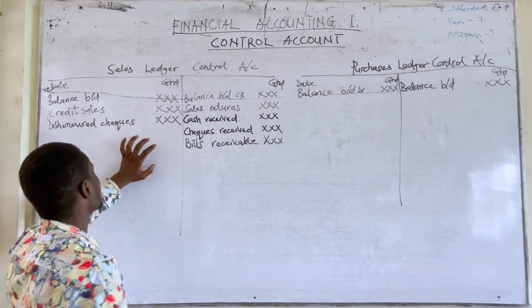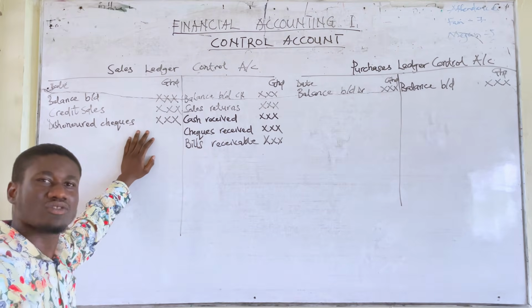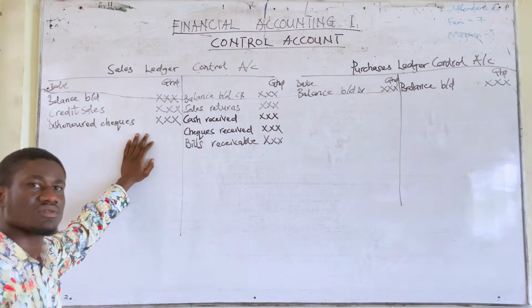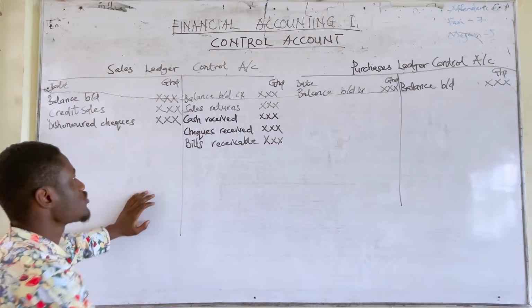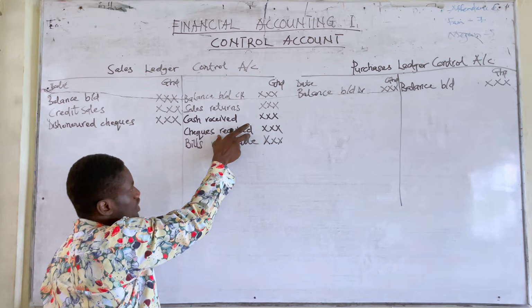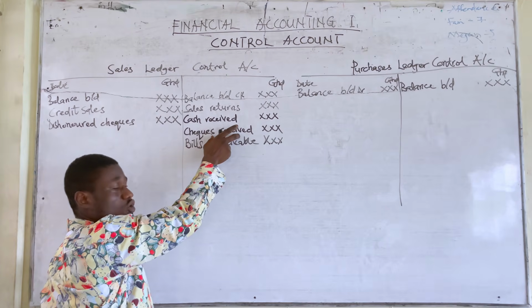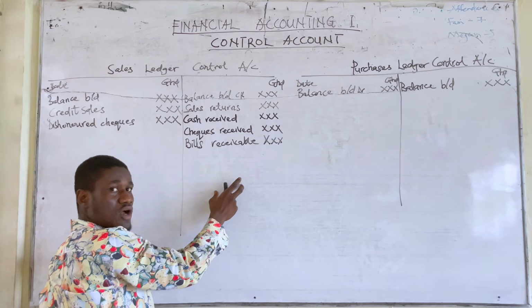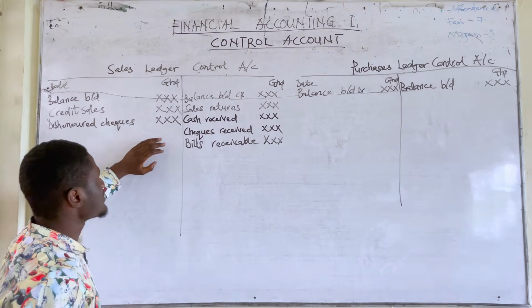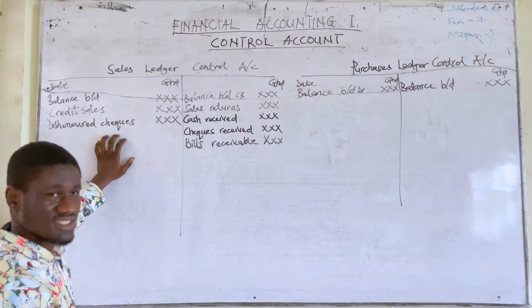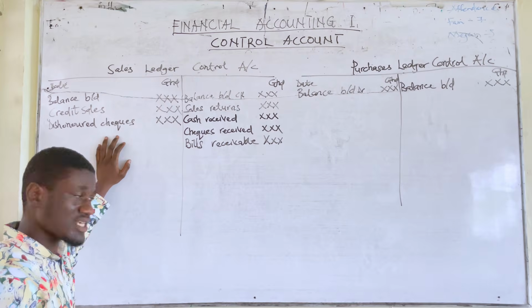So what is going to happen to the amount you owe us? You are still going to owe us that amount. It has increased. You get it? So first of all, this amount here, this check here, you made payment by check, which should have decreased the amount you owe us. But now your check has been what? Dishonored. It's going to increase the amount.